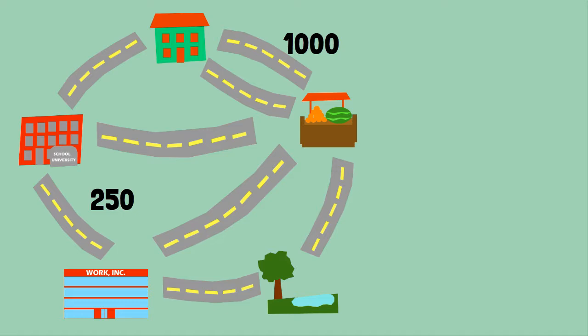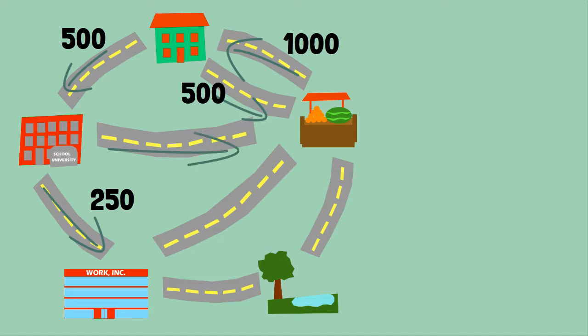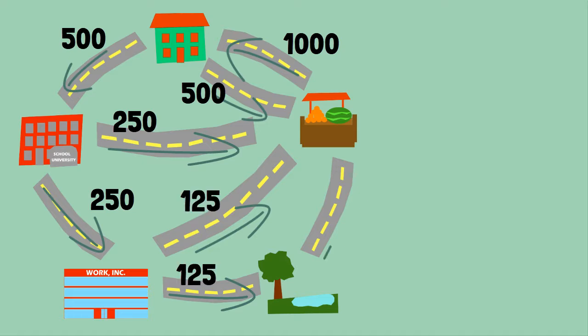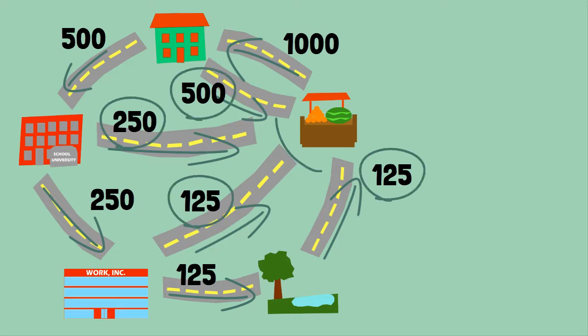So since 1,000 cars passed through this road to this node, and there are only 2 exits, then 500 must have went to each. 250 here, so another 250 here. 2 more exits for the 250 that entered, so 125 for each road. 125 here, since there's only 1 road, and all these roads went here.